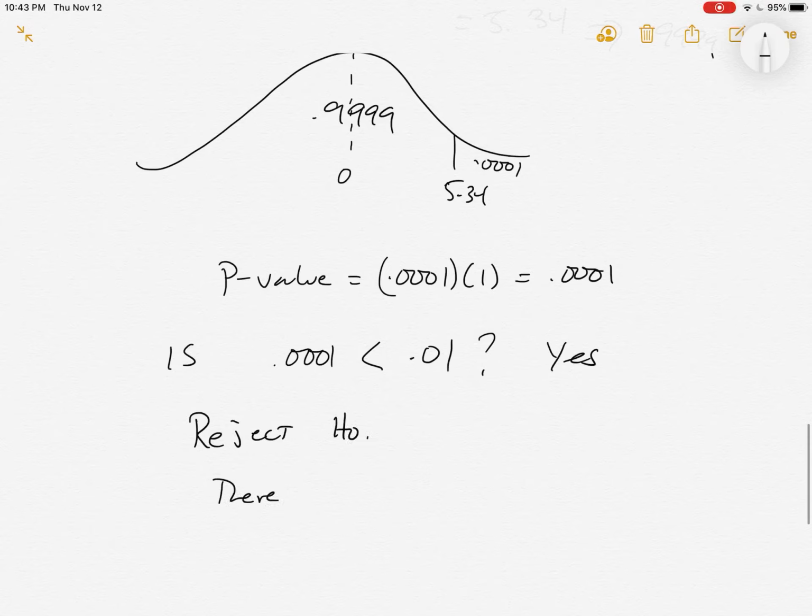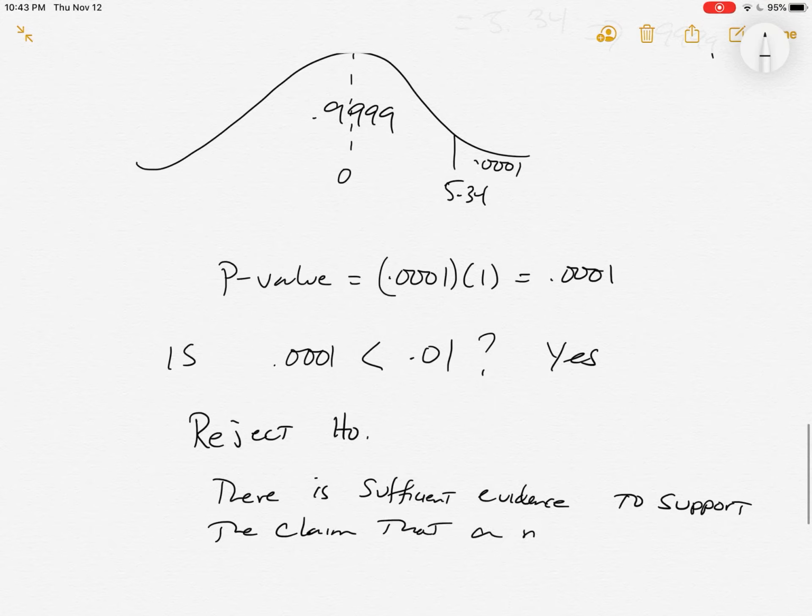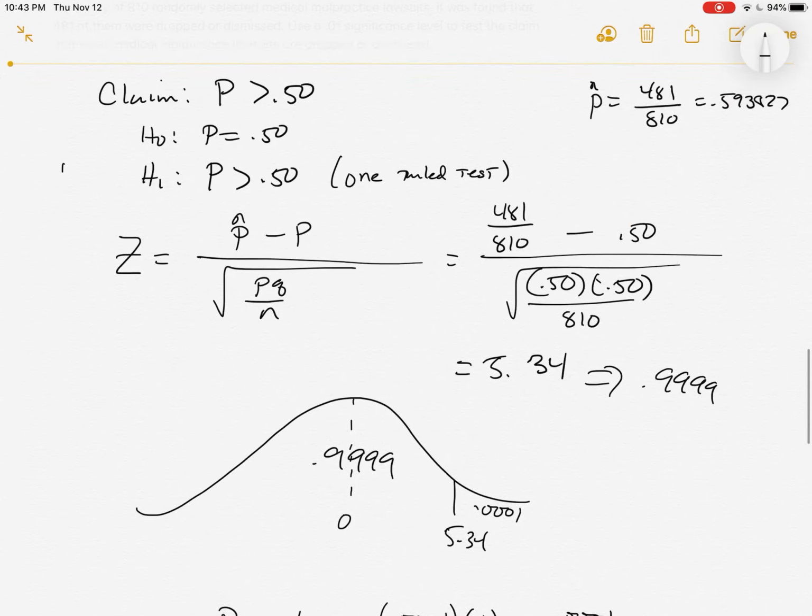And there is sufficient evidence to support the claim that a majority of lawsuits are dropped. So there is sufficient evidence to support that claim.